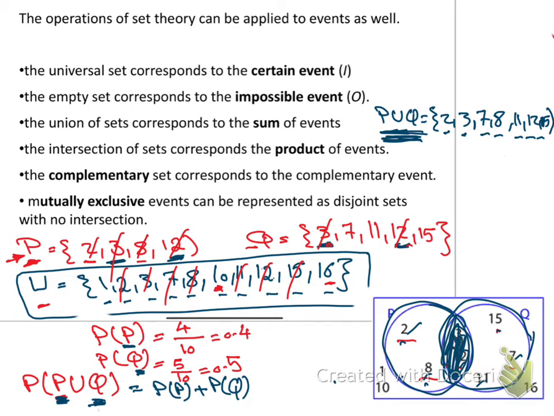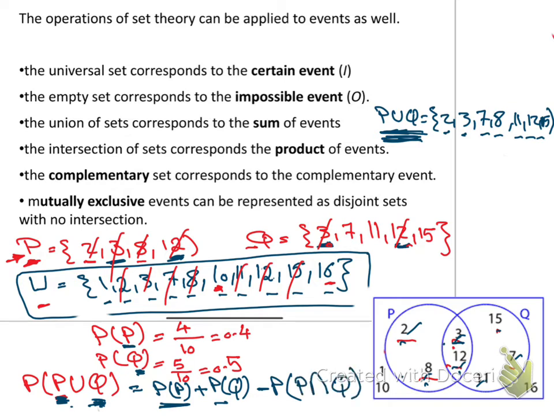I should not have this overlap because 3 and 12 are in P and 3 and 12 also are in Q. So the general formula for the probability of P united Q is the probability of being an element of P plus the probability of being an element of Q minus the probability of their intersection, probability of P intersect Q. What is the probability here?